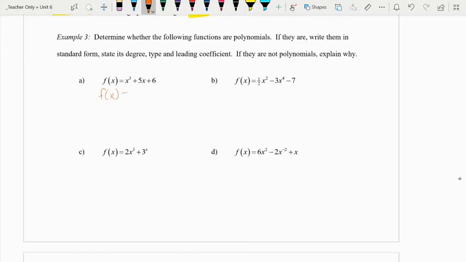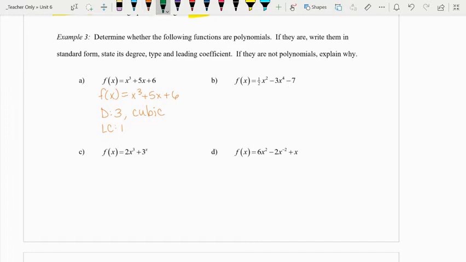It is exactly how it is written. It's already in order. So we're going to say our degree. Our degree is 3 because that's the highest power. The type is cubic then. And the leading coefficient, I'm going to put LC, would then be 1 because there's nothing there.